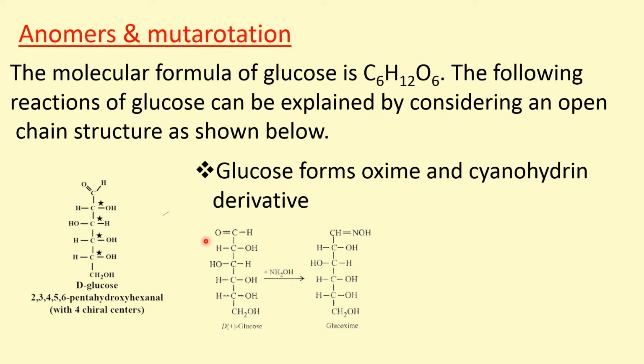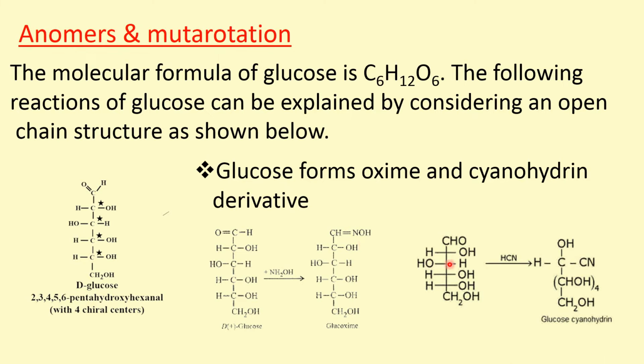The oxygen atom of the carbonyl group and the 2 hydrogen atoms of hydroxylamine are removed as water. Then the remaining part of the reagent, hydroxylamine, is attached to the carbonyl carbon atom by a double bond. So, here CH, then double bond NOH.